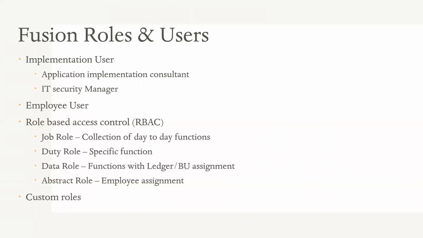Without the roles, he will not be able to do anything in the system. So we have two roles. One is Application Implementation Consultant, which allows us to do the setups. Whatever setups we need to do will be allowed in this role. And then we have IT Security Manager. If we want to give privileges to someone else, the rights to give the roles and all those things, we need this IT Security Manager.